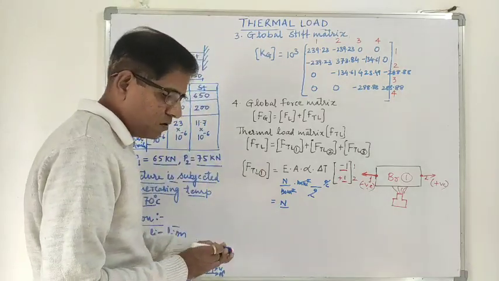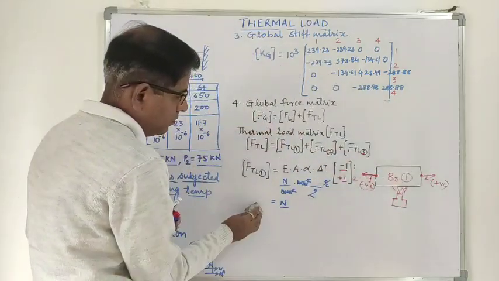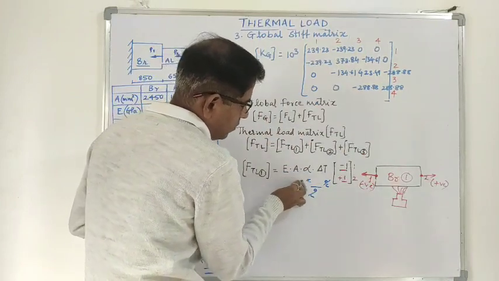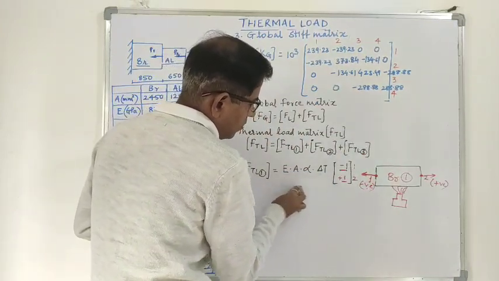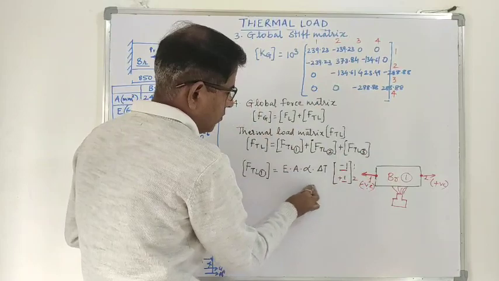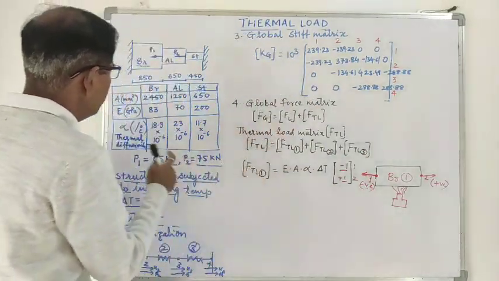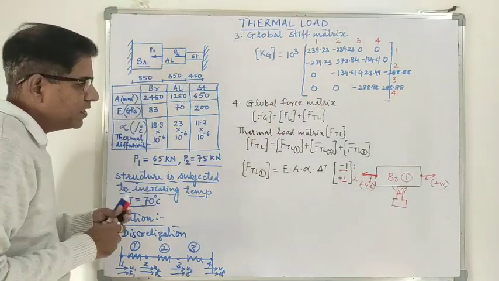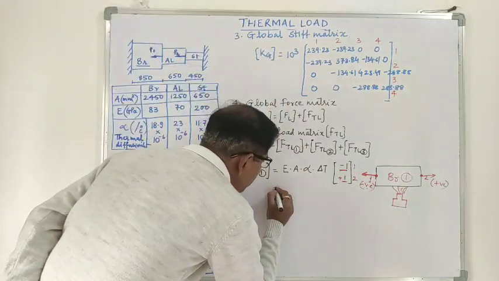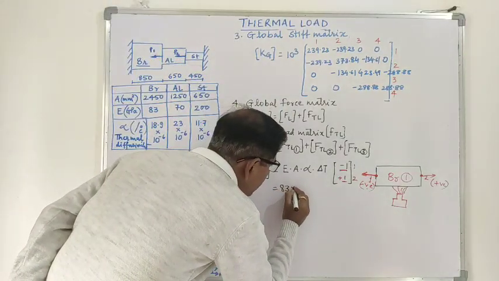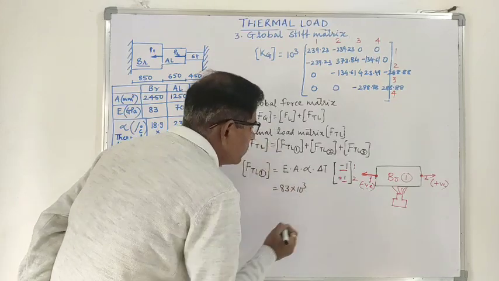Now we put the values. E is what? E is 83 GPa, that means 83 into 10 to the power 3.